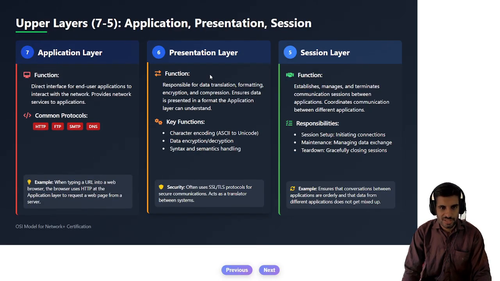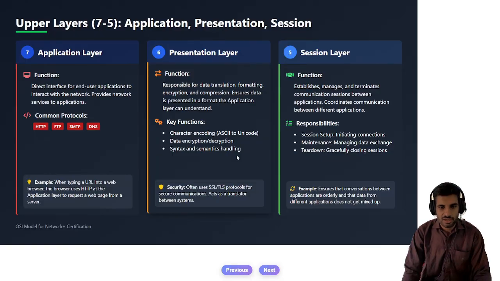Then what happens at the presentation layer? Its function is responsible for data translation, formatting, encryption, and compression. It ensures data is presented in a format that the application layer can understand. Its key functions are character encoding like ASCII or Unicode, data encryption and decryption, and syntax and semantics handling.